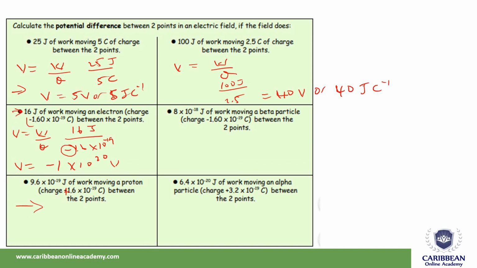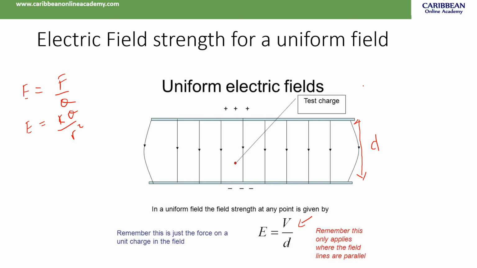But there's another thing we are going to know, still on electric field, of course, electric field strength, but there's a little bit more about when we're dealing with parallel plates that we need to talk about.